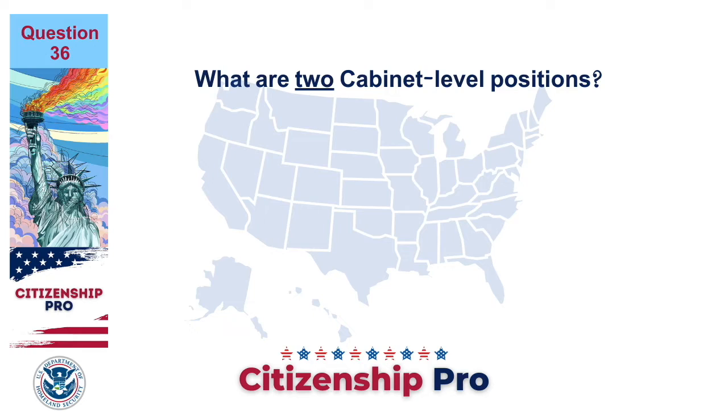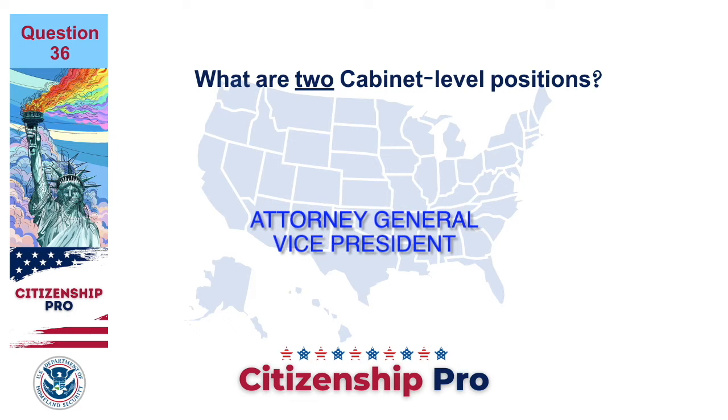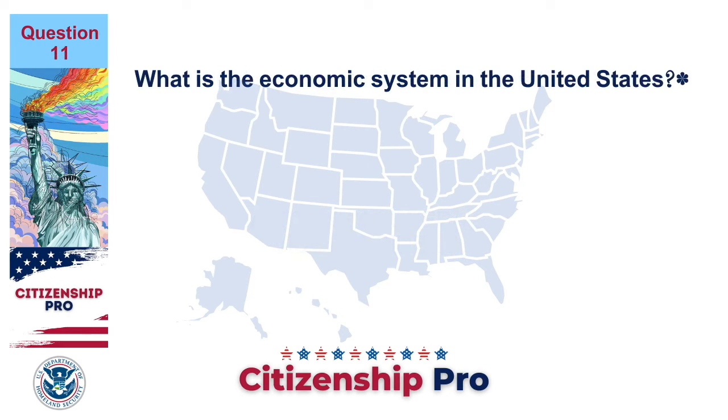What are 2 cabinet-level positions? Attorney General, Vice President. What is the economic system in the United States?